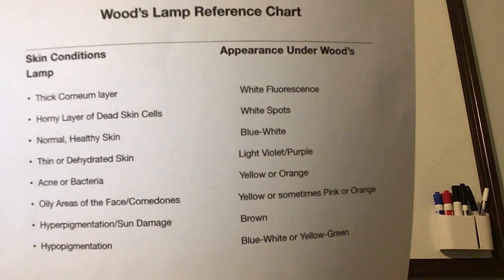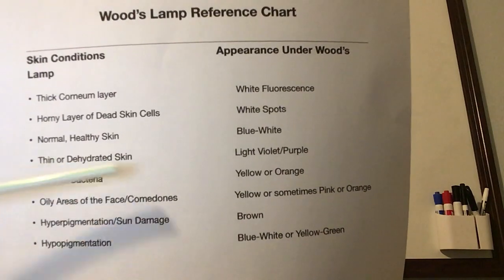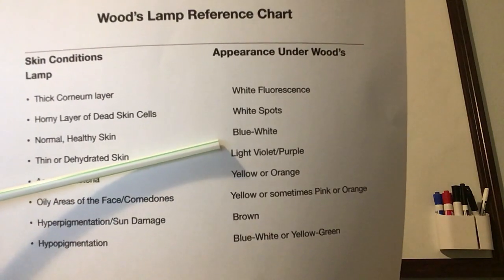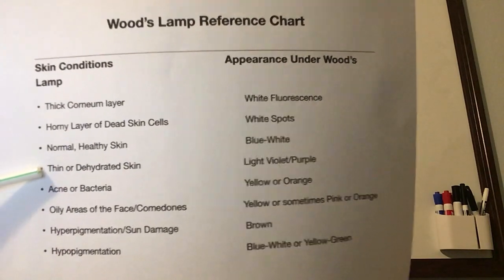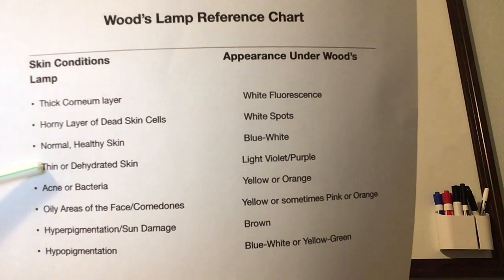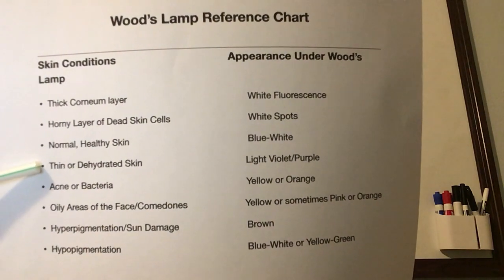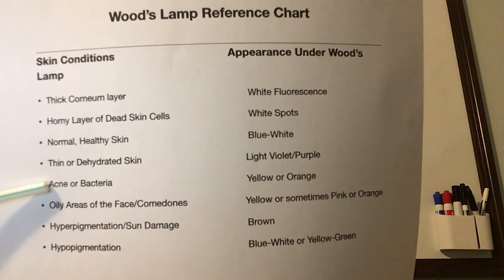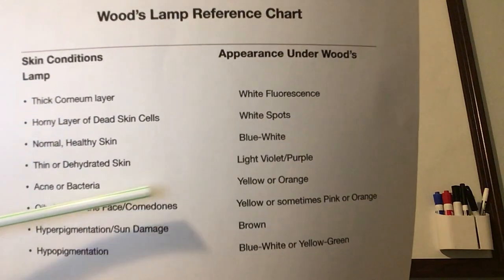Thin or dehydrated skin is going to be a light violet or purple. I've seen people so dehydrated under their eyes that it literally looks like eggplant purple. It's really dark. Acne or bacteria, you'll notice yellow or orange.